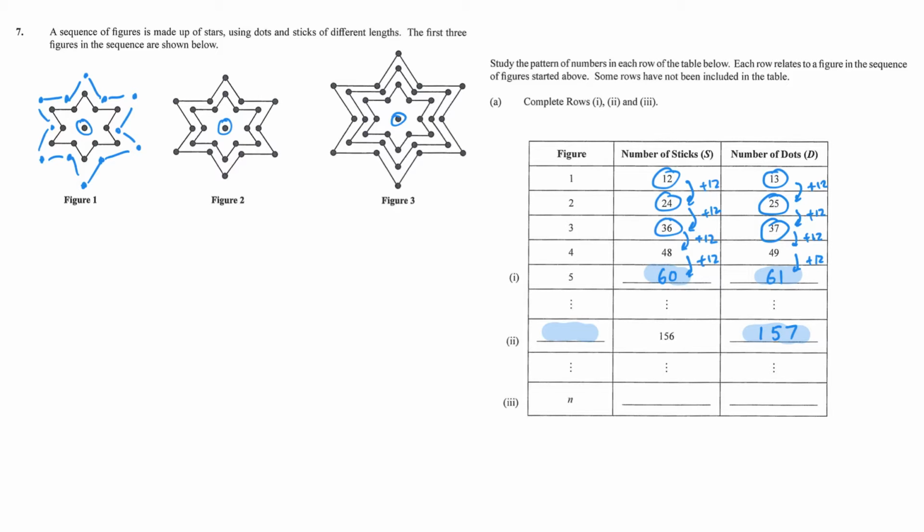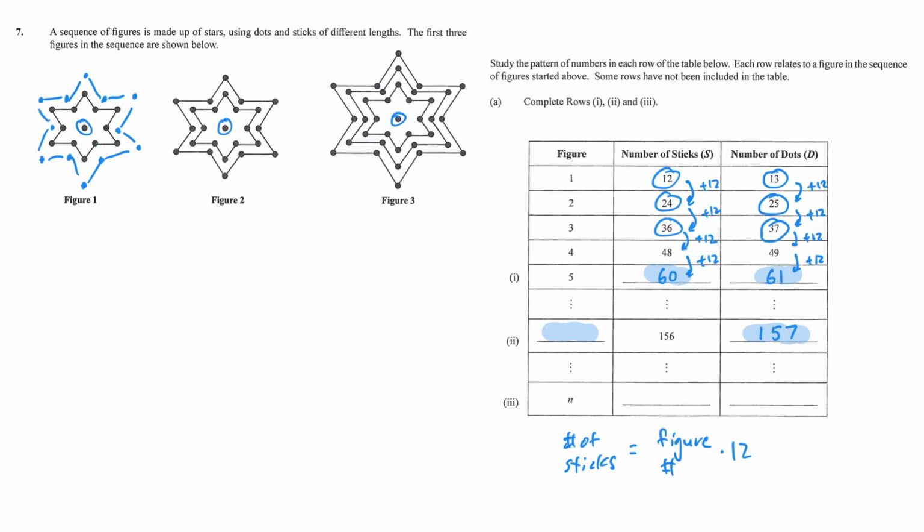To determine the figure number based off of the number of sticks, we want to remember the pattern that the number of sticks is equal to the figure number times 12. Again, this is what we observed earlier. For example, in the first figure, we have 12 sticks. In the second figure, we have 24 sticks, which is 2 times 12. In the third figure, we have 36 sticks, which is 3 times 12.